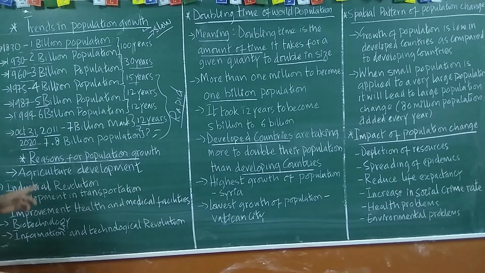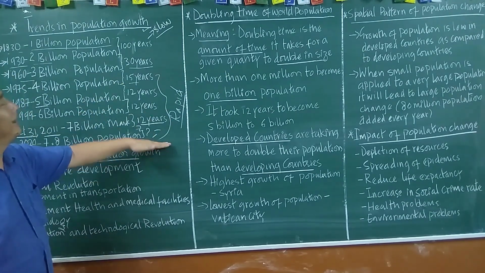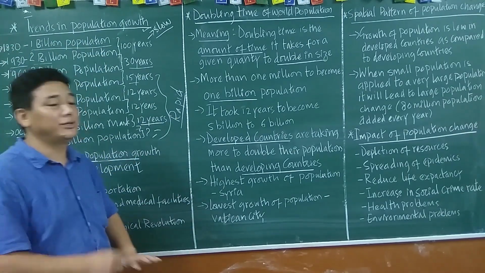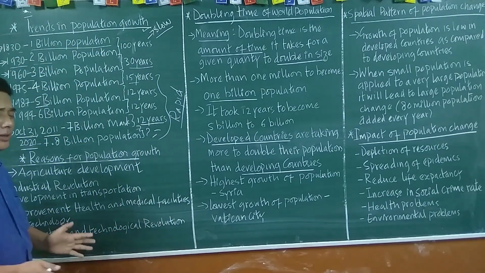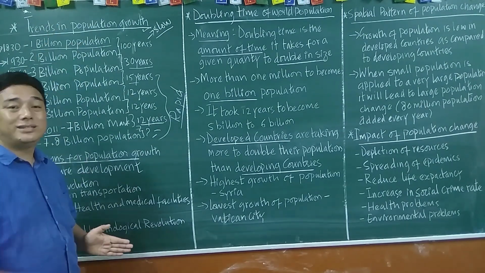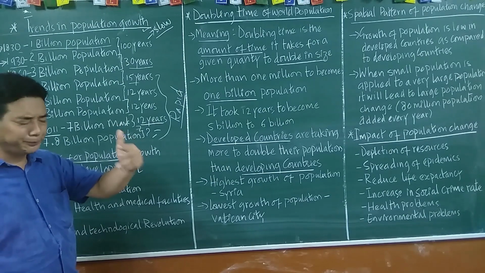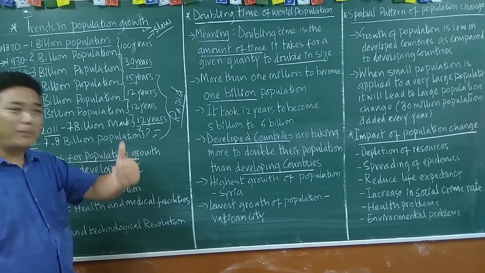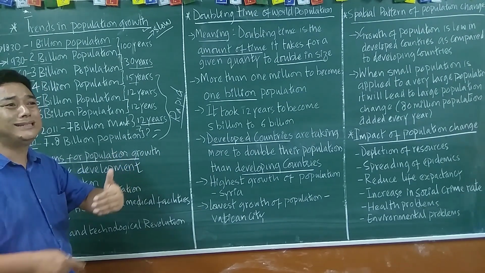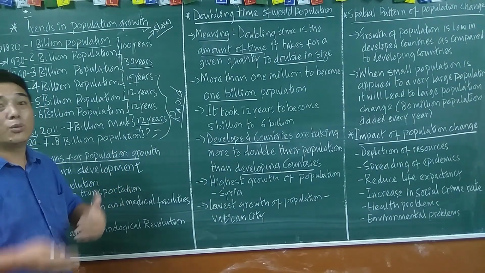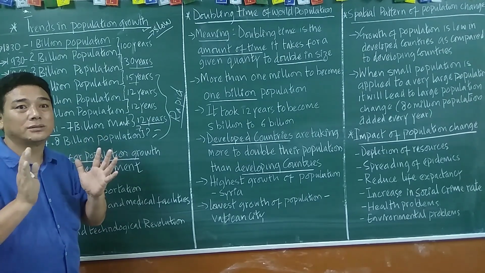Why is the population increasing rapidly? Before 1800, in the first century, the second century, from 200 BC, 10,000 BC, the population increased, but the increase was very small. What could be the reason for that?